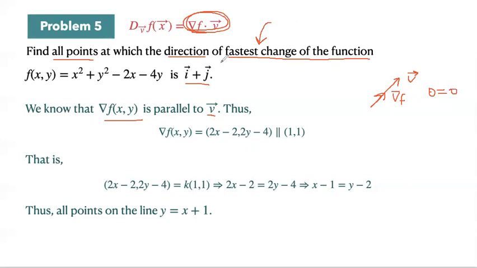But if we think about the fastest change, it means that we can think about the negative direction here. If v is like this, then theta equals pi, and our cosine theta equals minus 1, right? Then you think that it is a negative number, but we want to find the fastest change.